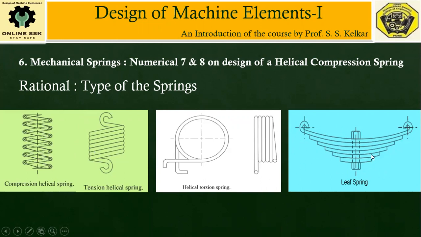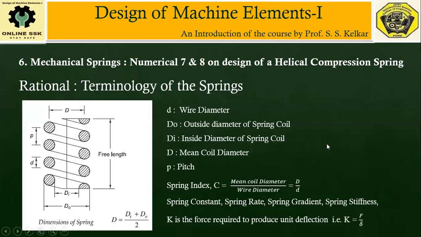They are also working on the principle of bending of a uniform strength beam. Based on this principle, these leaf springs, sometimes called laminated springs, are working. Helical torsion springs are sometimes called spiral springs, and these are the three different types extensively used in mechanical applications.